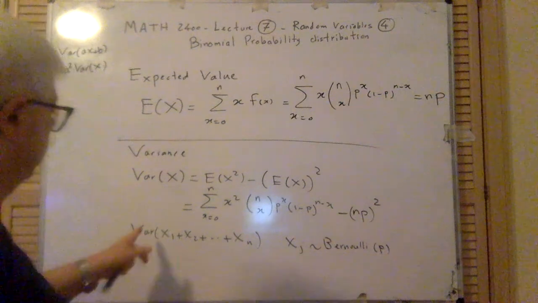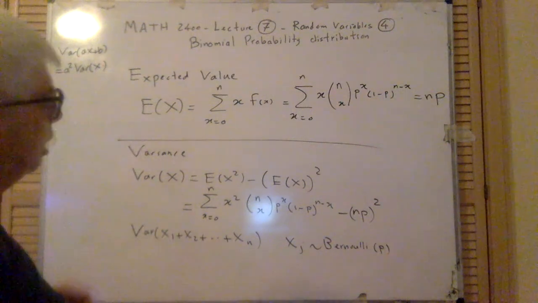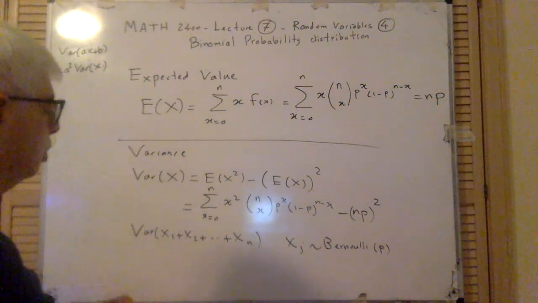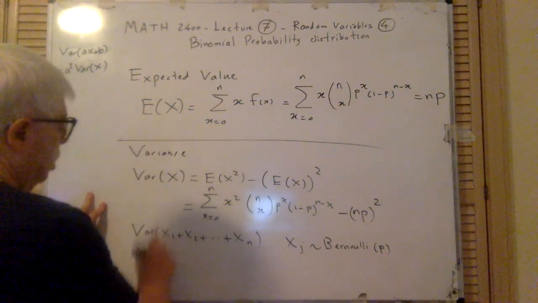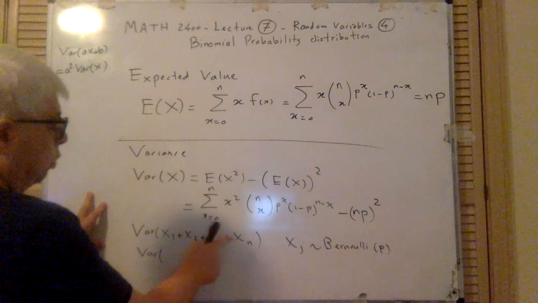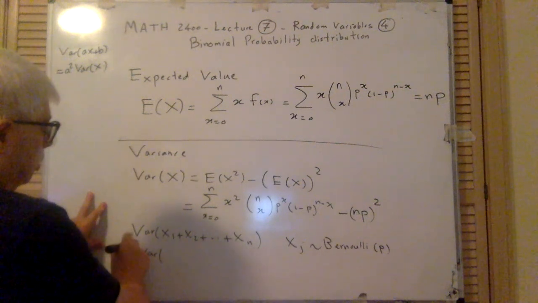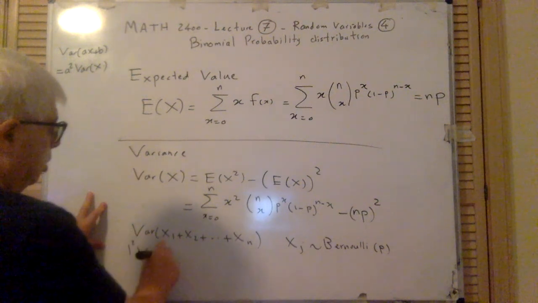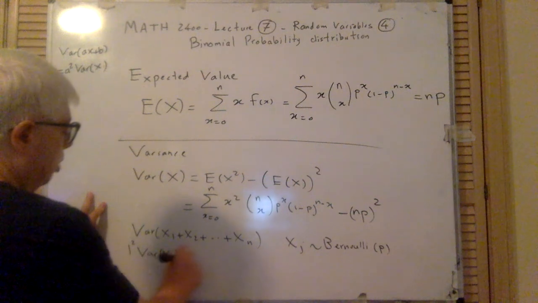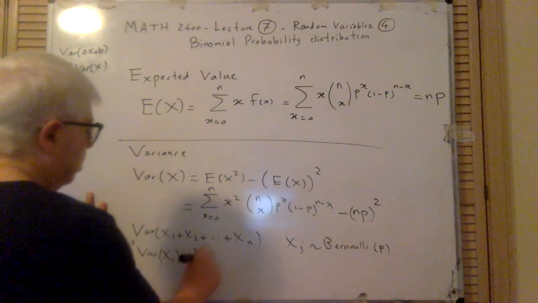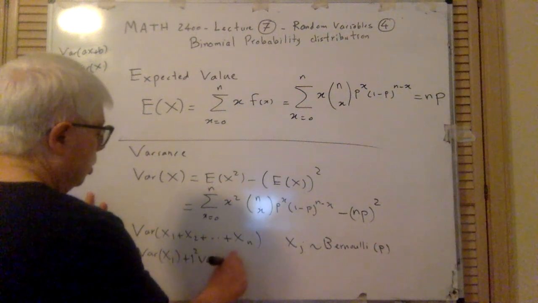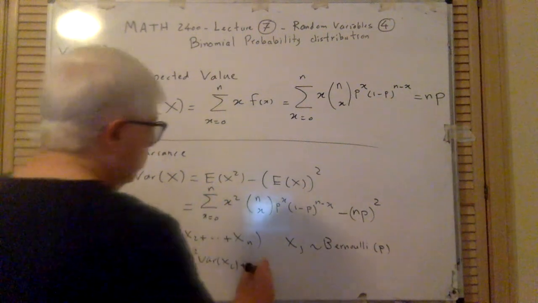So if I extend that to more than one random variable, I will get variance of x1 with a coefficient 1, so it is 1 squared, plus 1 squared variance of x2, up to the last one.